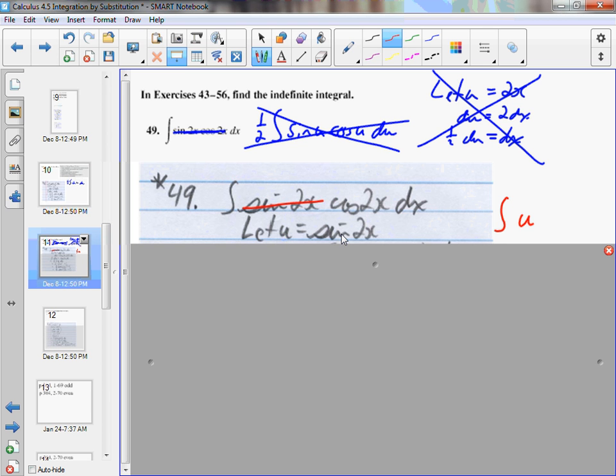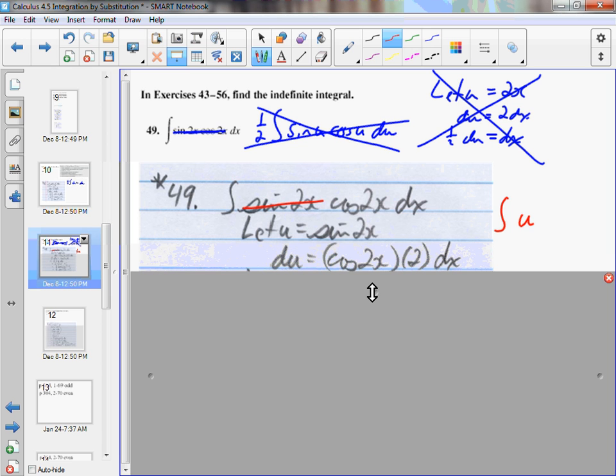What's the derivative of the sine of 2x? What's the derivative of cosine of x? Or of sine of x? Cosine of x. So what's the derivative of the sine of 2x? Cosine of 2x, chain rule it, times the derivative of 2x, times 2.